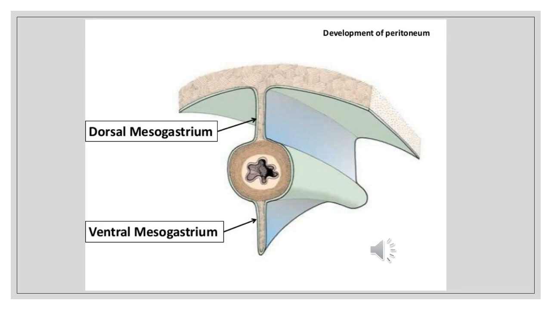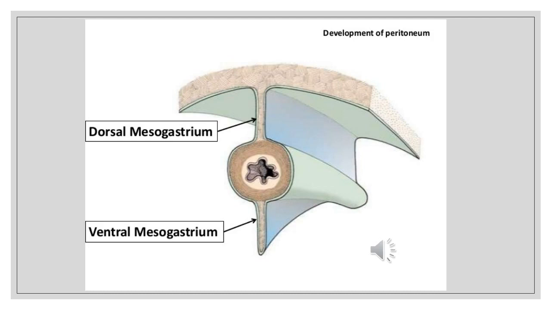The superior mesenteric artery supplies the midgut, and the inferior mesenteric artery supplies the hindgut. Apart from some other structures, the foregut forms the esophagus, stomach, and the upper part of the duodenum up to the opening of the common bile duct.